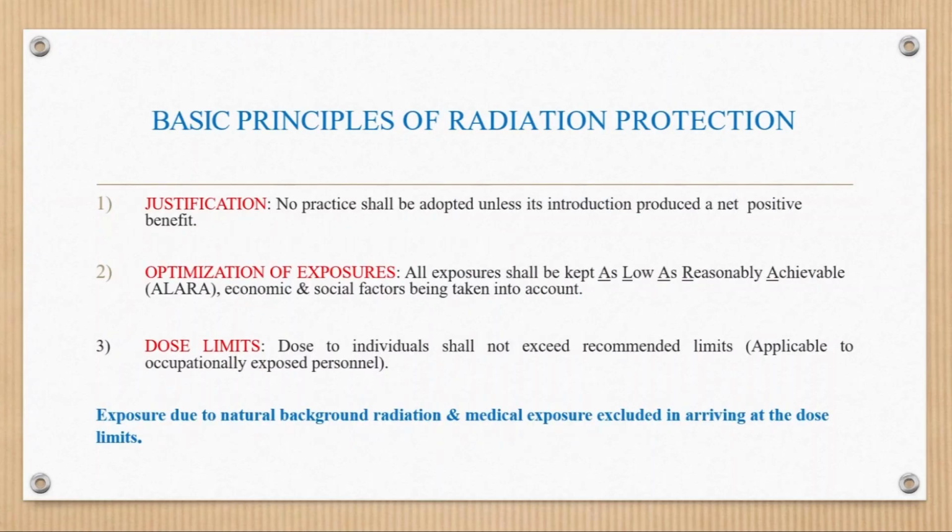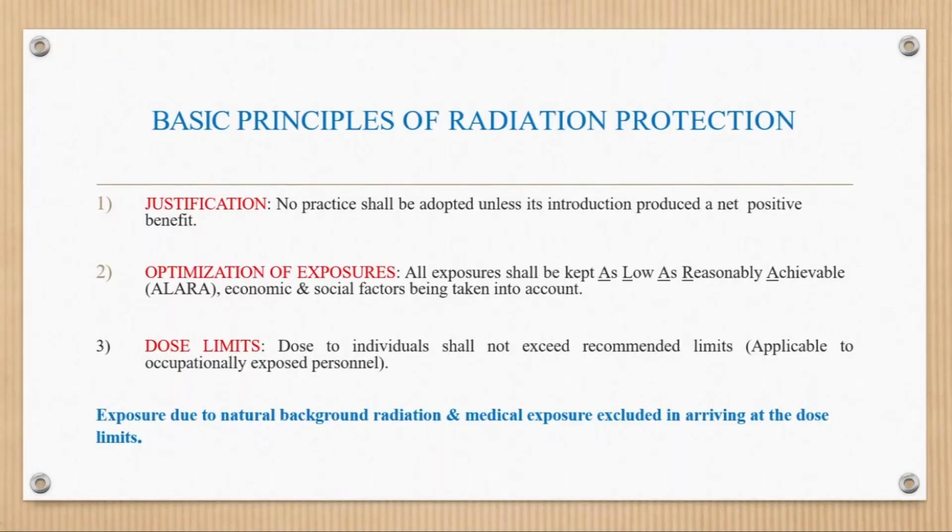So we need to follow the basic principles of radiation protection, and the first basic principle is justification. As I said, ionizing radiation is a two-edged sword. It has a benefit, it has a risk.